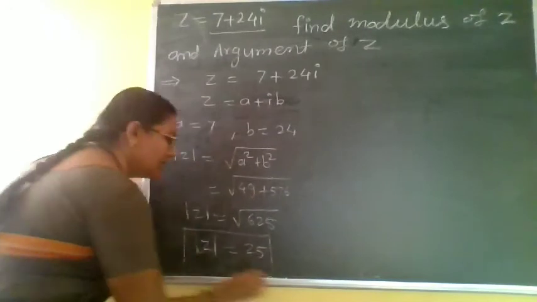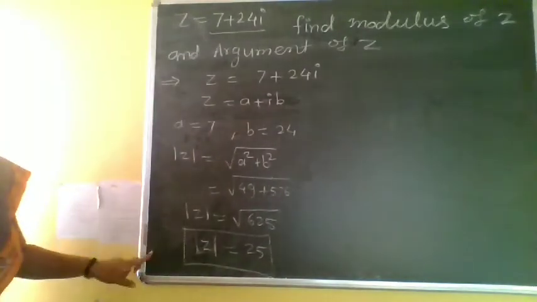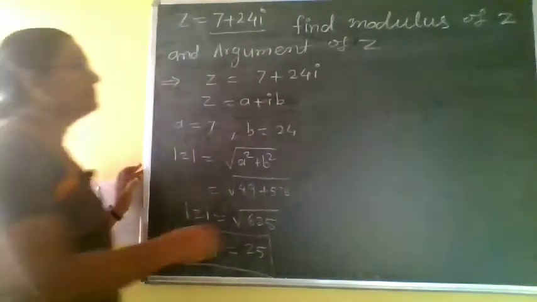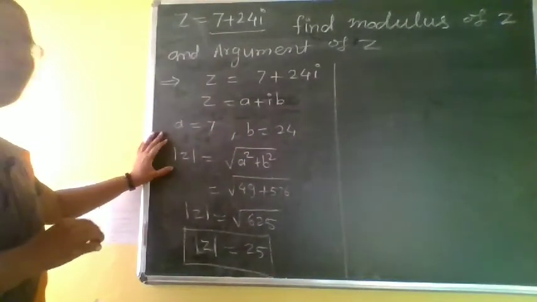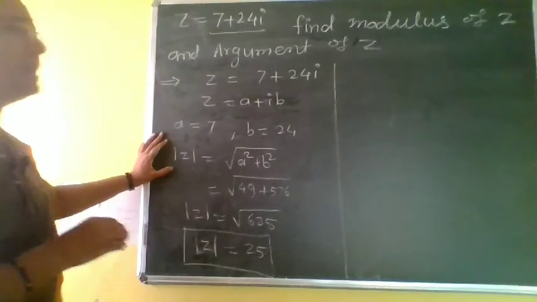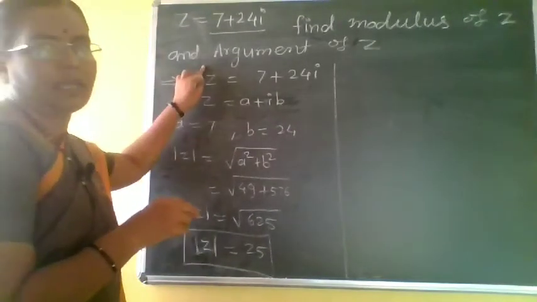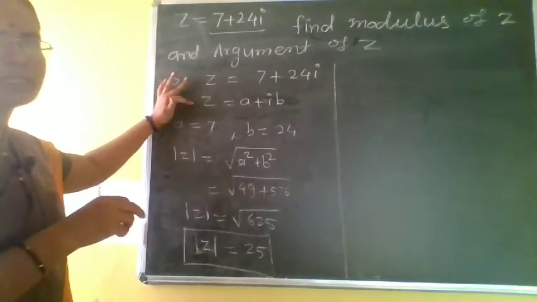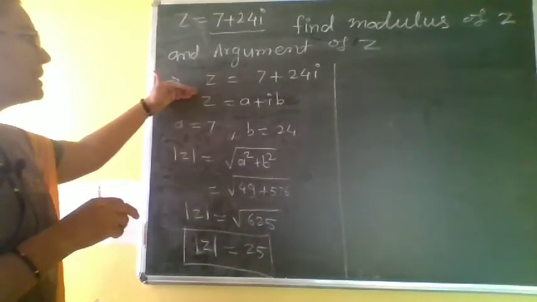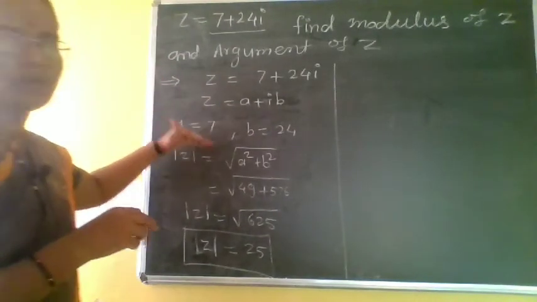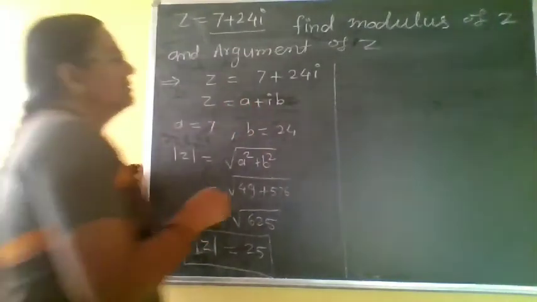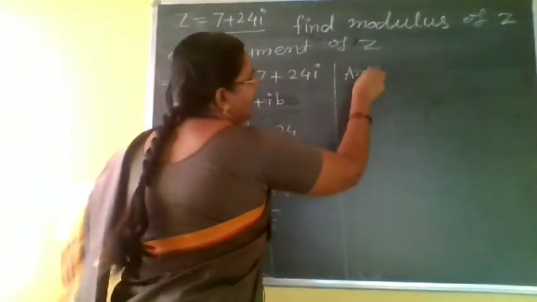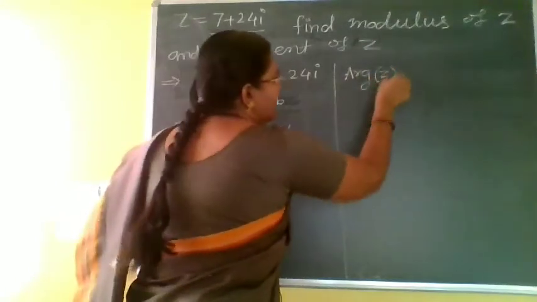This becomes the modulus of the given complex number. We just have to know the formula for the modulus of z and argument of z and the format of the complex numbers, and comparing with this complex number we find the value of a and the value of b.